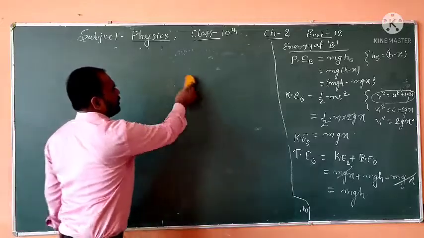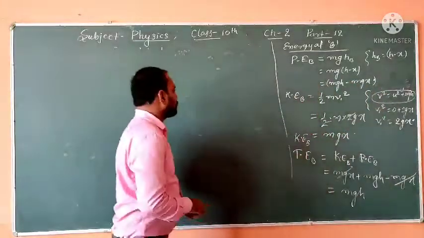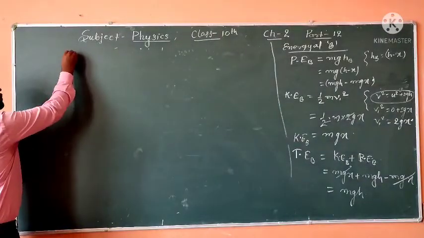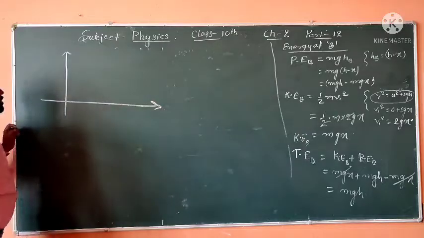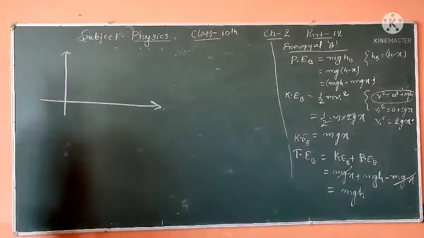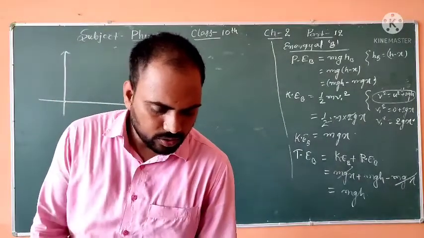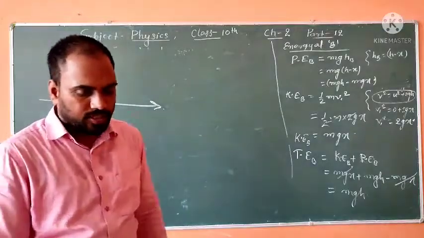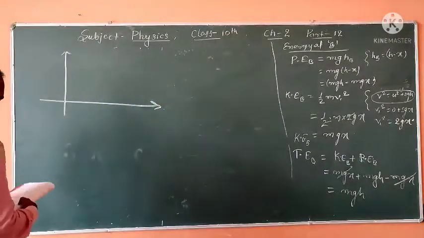Oh, before moving to the pendulum, come to the graph. Let's suppose there is a graph between potential energy and kinetic energy. So total energy, potential energy and kinetic energy, I am making a graph of this.